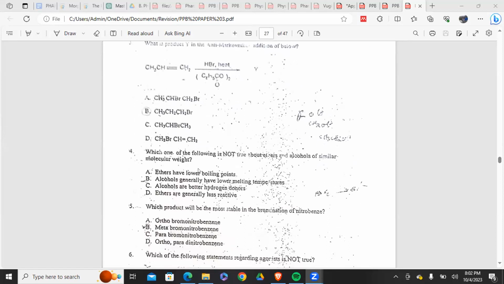About ethers and alcohols, no, that's not really. Si medicam, hii ni organic.